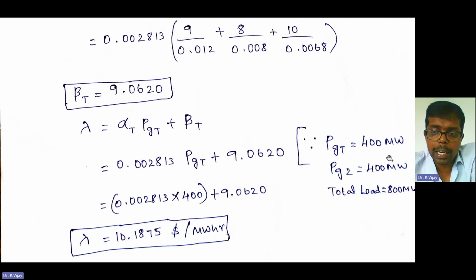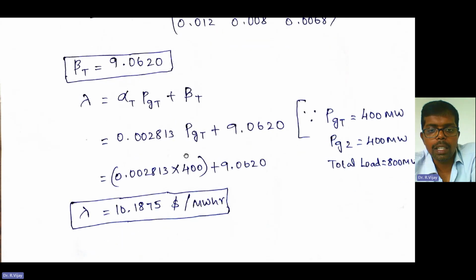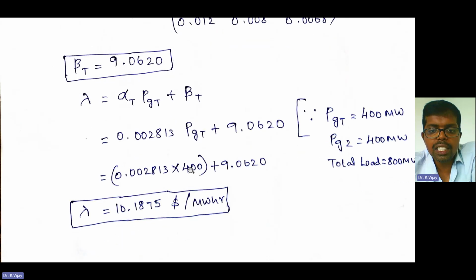Since PG2 is considered as 400 megawatt and the total load is 800 megawatt, PGT is 800 minus 400, that is 400 megawatt. After simplifying, we are getting the lambda value as $10.1875 per megawatt hour.